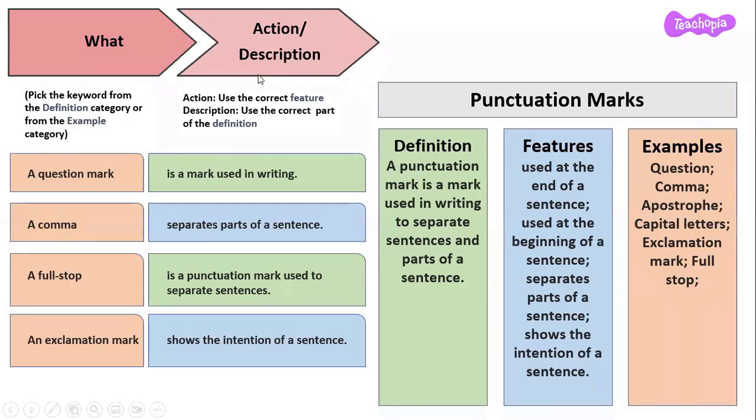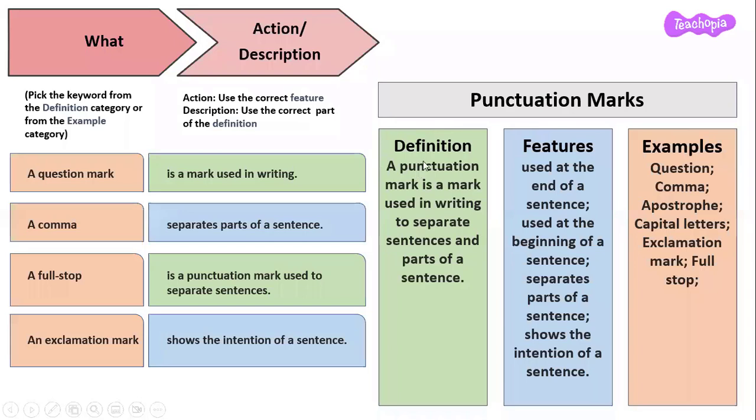If you want to add an action, you can use a feature, or you can use words or phrases from the feature category. If you want to add a description or talk about a quality, you can add words or phrases from the definition category. And usually, when we are talking about the first block, that is what or who, we have already discussed that we use words from the example category or definition category.